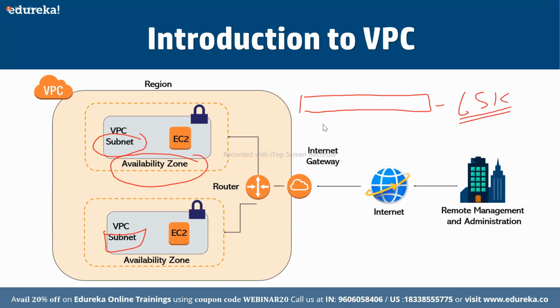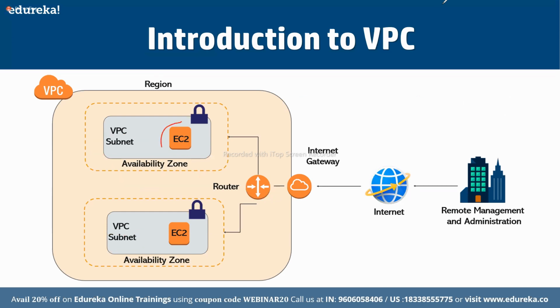Inside this subnet, you will find your EC2 instance, which is a compute component, and this will help you to install your application. So EC2 is a virtual machine. On this virtual machine, you can install your application and run it in a cloud environment.